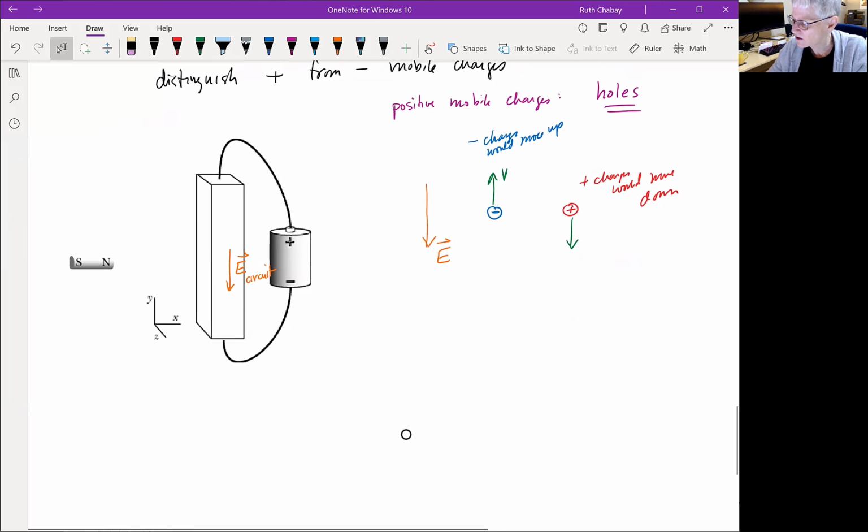So let's see what happens if we're going to put this magnet here. We've now got a magnetic field from this magnet that is in the x direction, and the electric field inside the bar that's driving the current is in the negative y direction, okay?